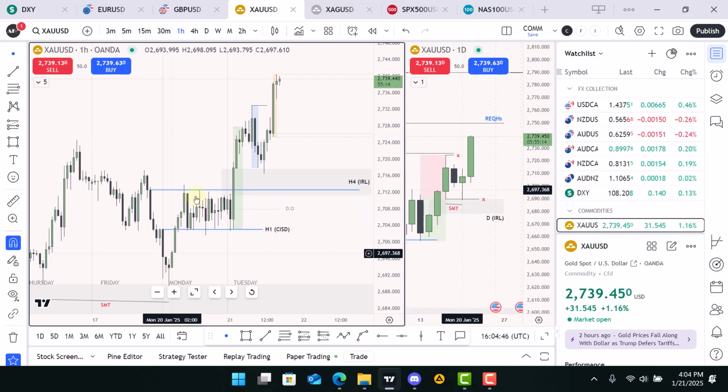After the expansion, creating the change in state of delivery on the 1 hour chart, price entered a phase of consolidation. And it is never ideal to enter a trade during the consolidation phase of the market.